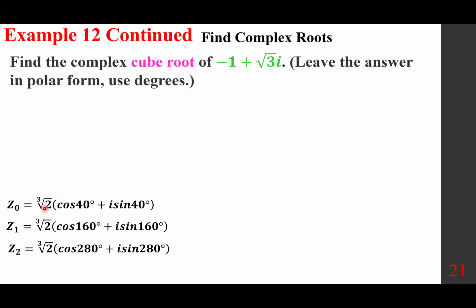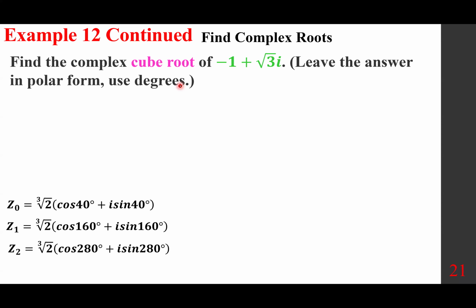Therefore, x squared plus y squared is the cube root of 2 quantity squared. That's the circle. And the first one starts at 40 degrees. The next one at 160. The next one is at 280.